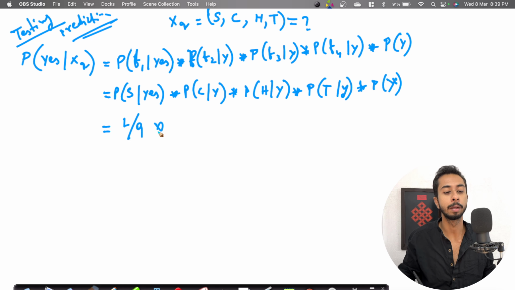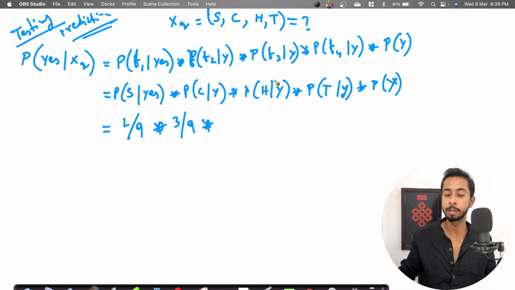So 2 by 9 multiplied by, what is probability of cool given yes? See in the temperature table. Cool given yes is 3 by 9, if I am not wrong. So 3 by 9 multiplied by probability of high given yes. See the humidity table. Probability of high given yes is 3 by 9 again.